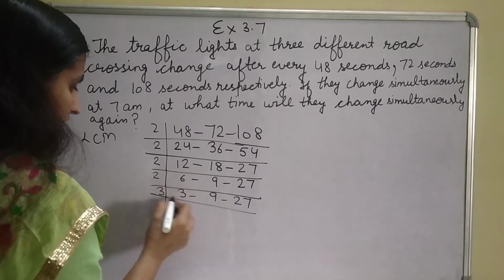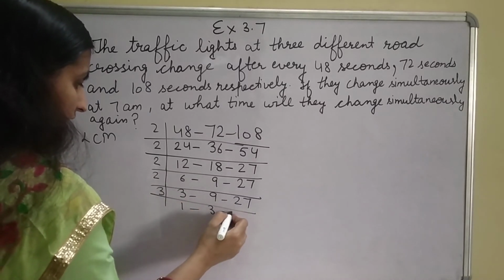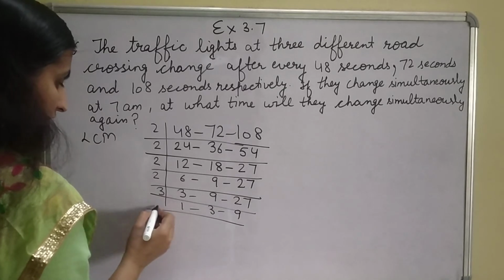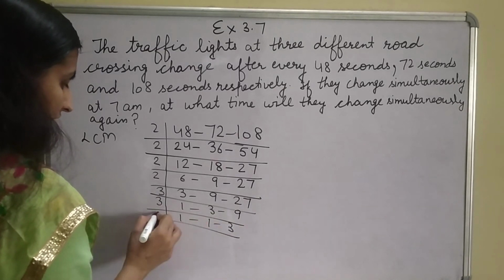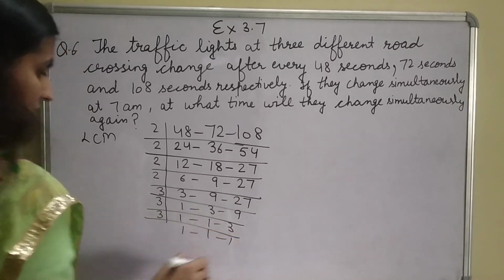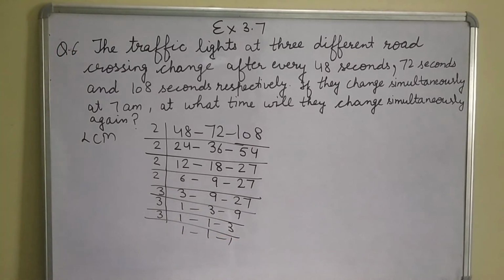Then by 3, 3 1s are 3, 3 3s are 9, 3 9s are 27. Again by 3, 3 1s are 3, 3 3s are 9. Again by 3, 3 1s are 3. So this way we have done the LCM. Now what is the LCM?